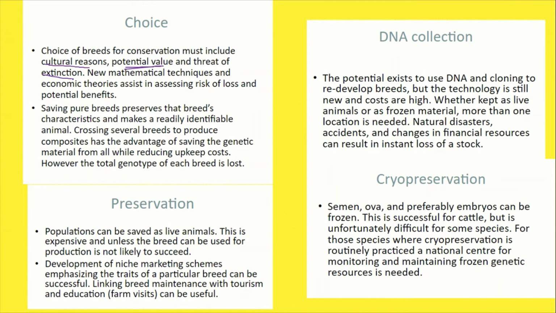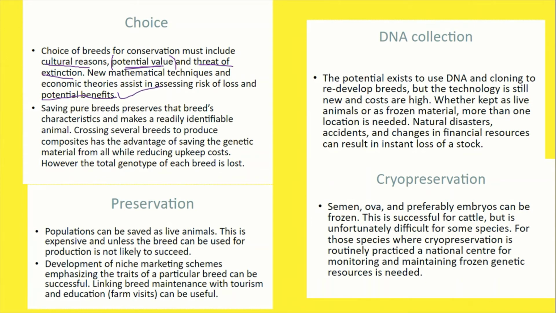Maybe they have been highly rated for cultural practices, or have potential value, something useful in increasing breed quality or with extraordinary characteristics, or maybe there is a threat of extinction of that particular organism. These days we have new mathematical techniques and economic theories that can help us assess the risk of loss and also check for potential benefits of certain organisms.